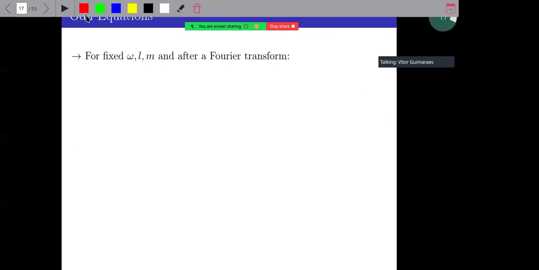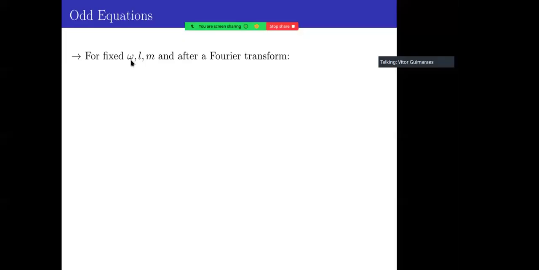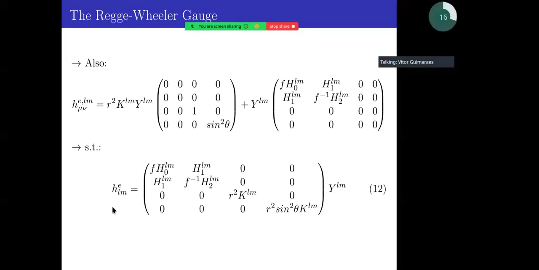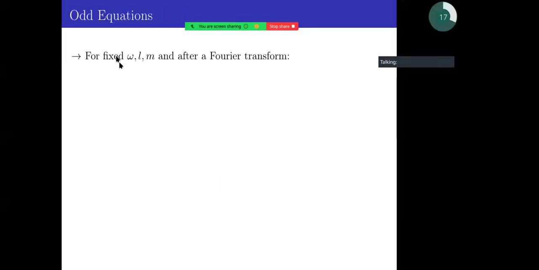So now for a fixed frequency, because the time dependence of these perturbations is given by an exponential e^{-iωt}. The Fourier transform gives us an integral, a sum over all possible frequencies.